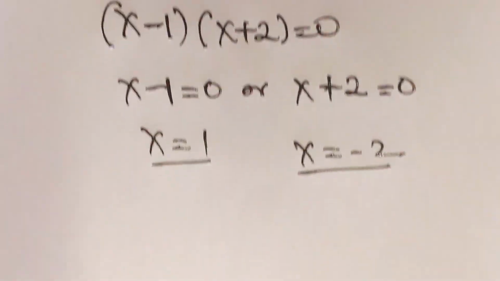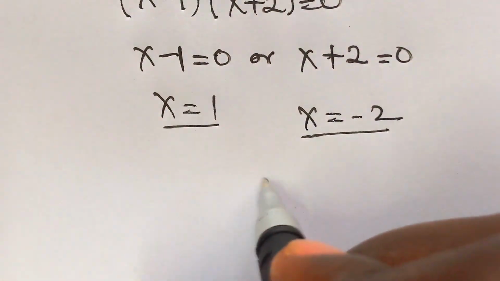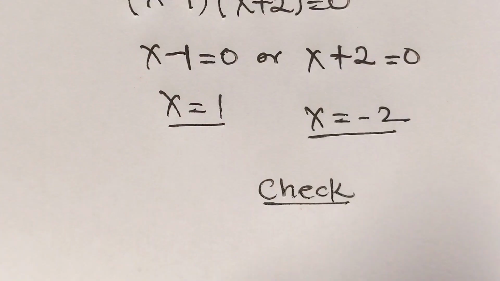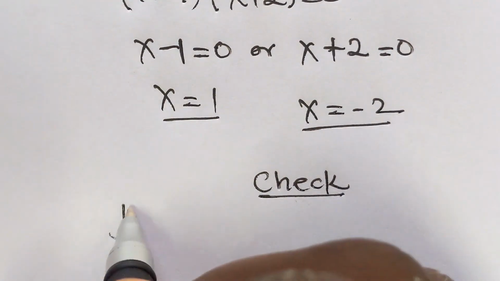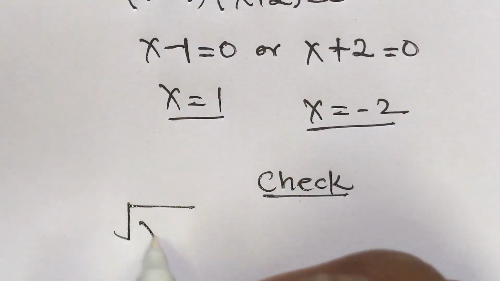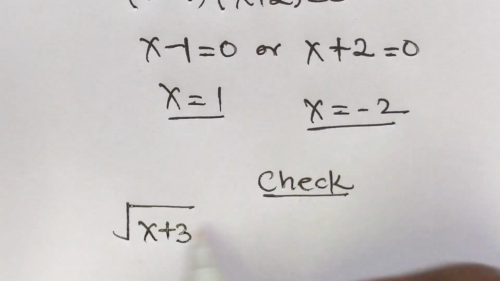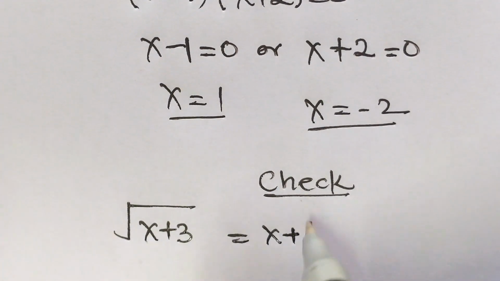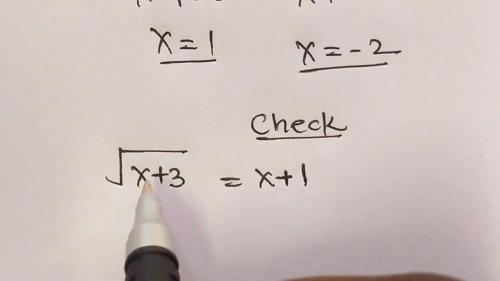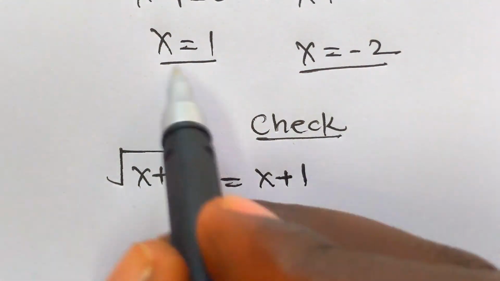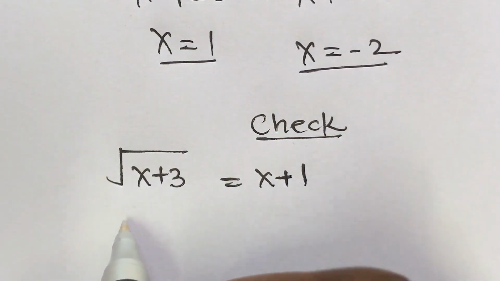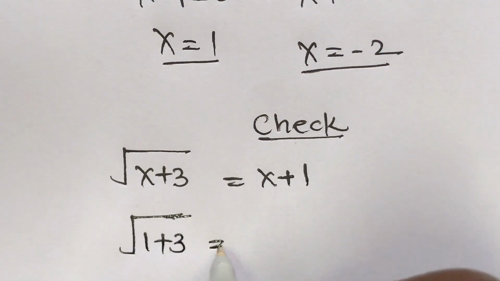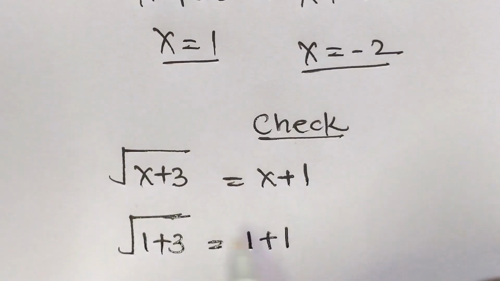Of course, you are supposed to check if the answers are correct. We have the given question, square root of x plus 3 equals x plus 1. Once we use x equal to 1, we say square root of 1 plus 3 equals 1 plus 1?